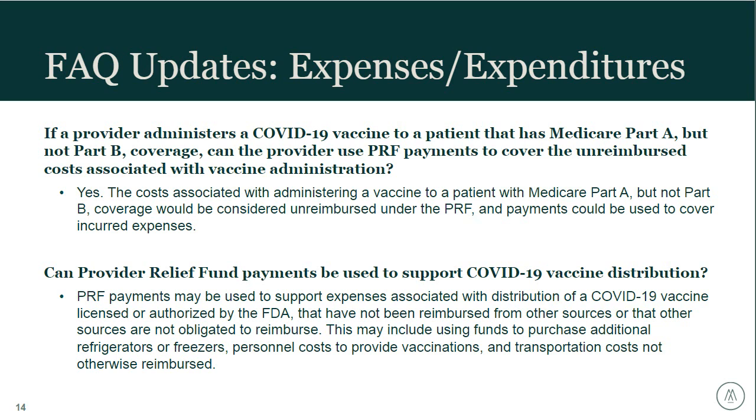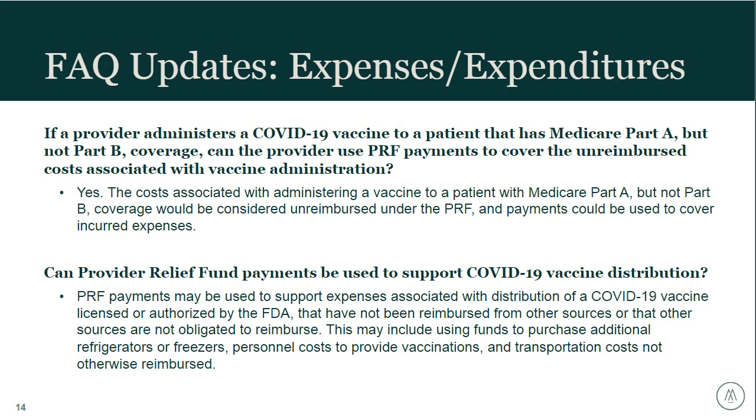And then it gets back to that question of what's an unreimbursed component that can be applied to the PRF funds. So all of those fundamental pieces come into play: what's your cost, and then what's not been reimbursed that could be applied.